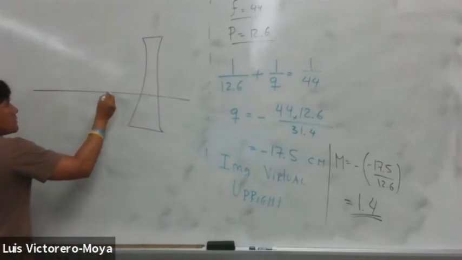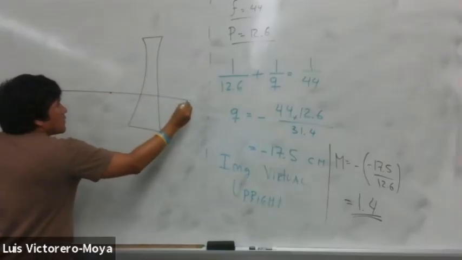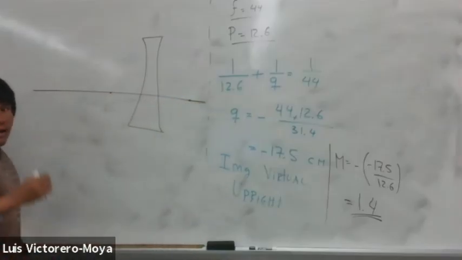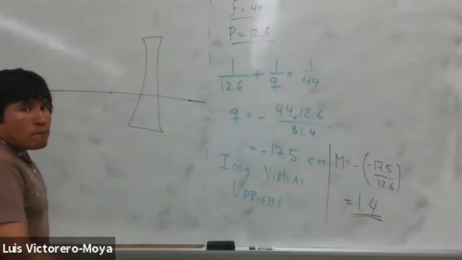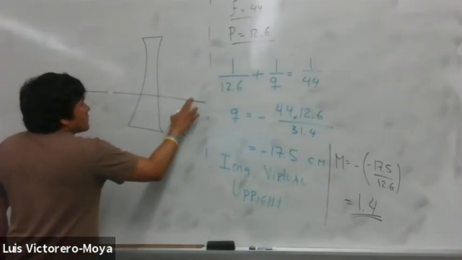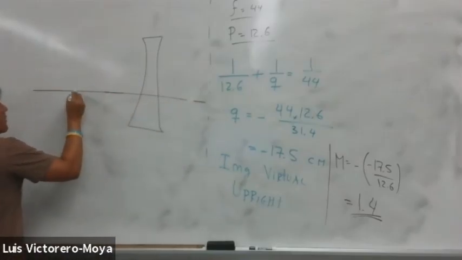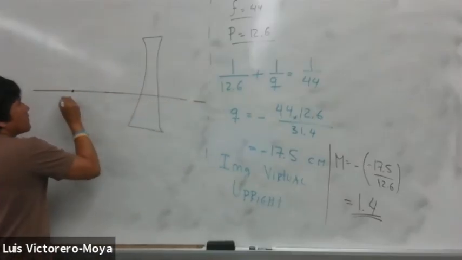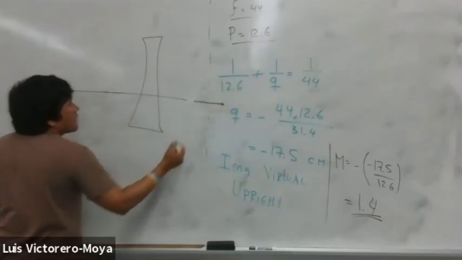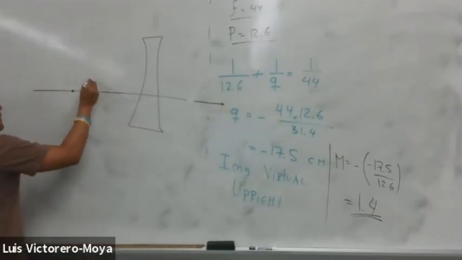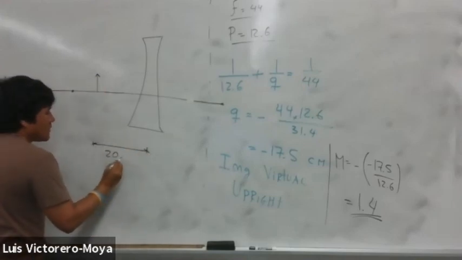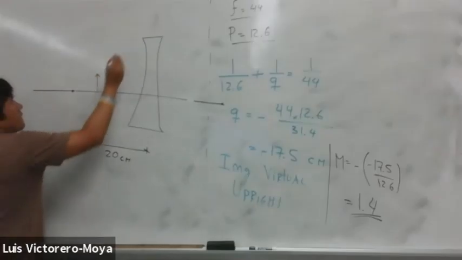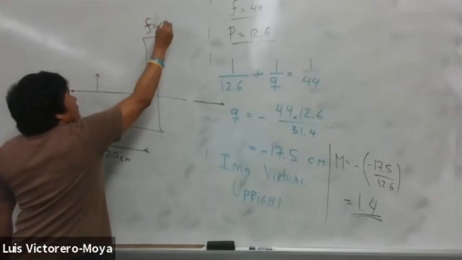It doesn't matter. The focal length is big. The object is here, located 20 centimeters away. And the focal length of this one is minus 30.